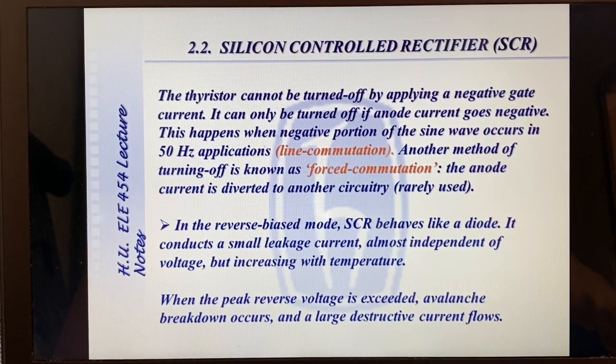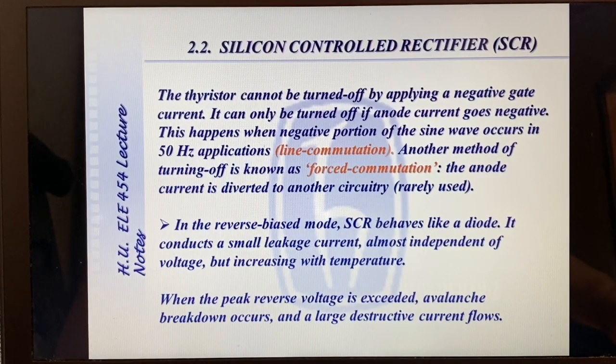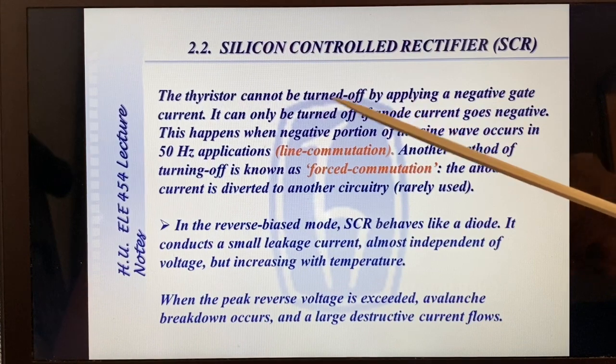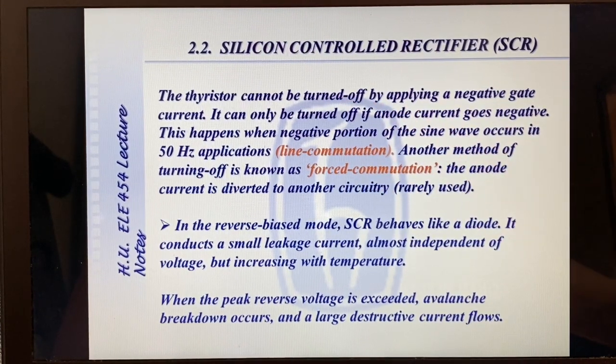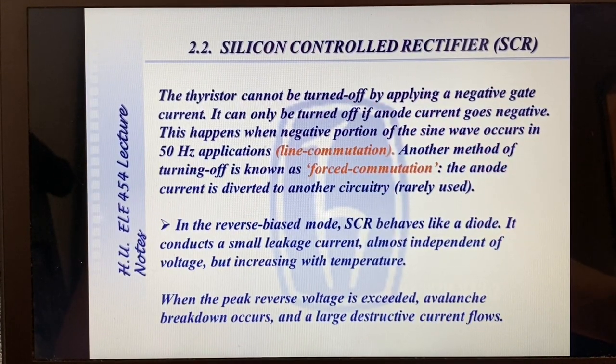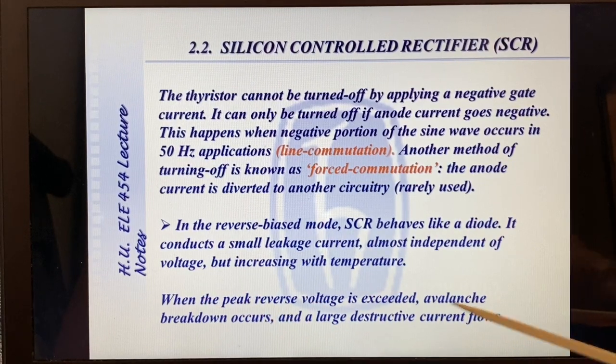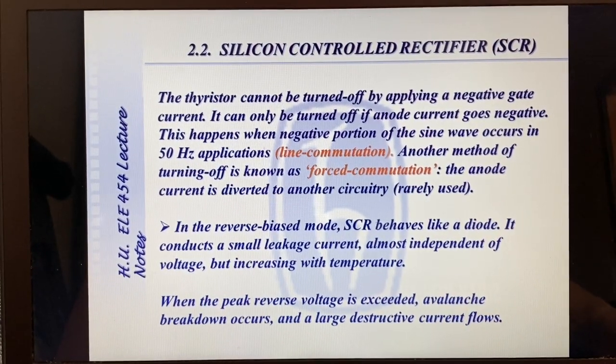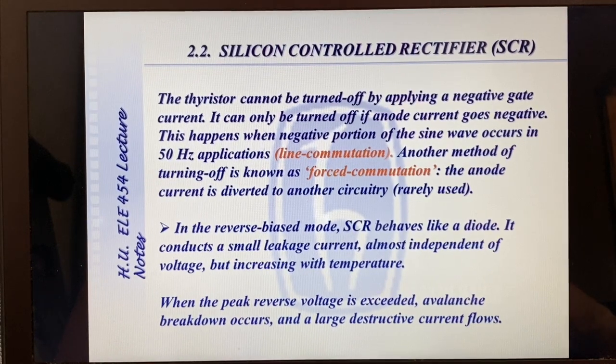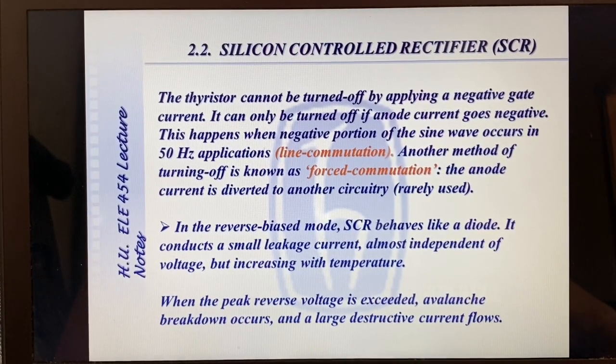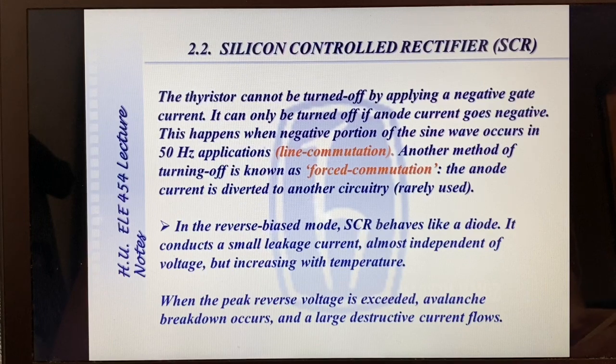Another method of turning off is forced commutation, that is, the anode current is diverted to another circuitry, which is rarely used nowadays. So that's why thyristors are mainly used for line commutation applications, and especially in line commutated rectifier applications. As I said before, when peak reverse voltage is exceeded, avalanche breakdown occurs and large destructive failure occurs. This is an irrecoverable case of the semiconductor.